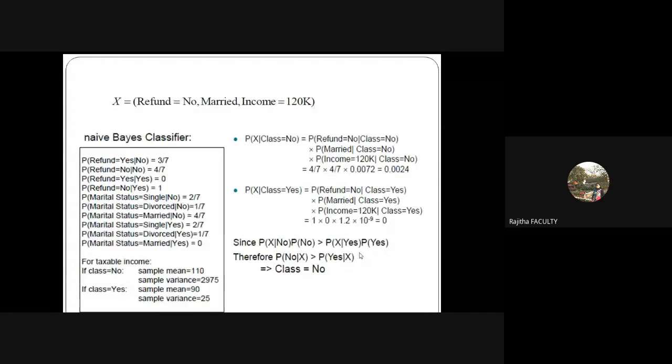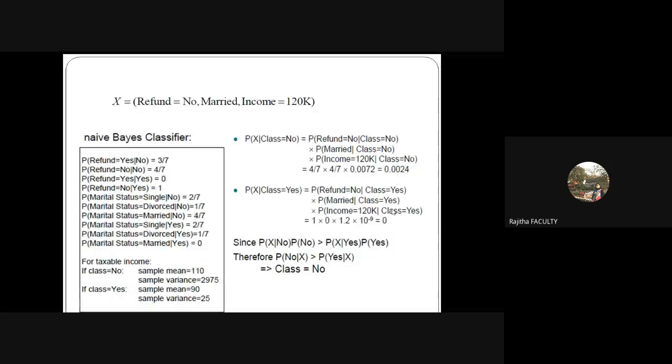So 1 into married is given as yes. For the class yes, the probability of married is 0, so we have taken 0. Something multiplied with 0 is always 0. So the probability of this test sample belonging to the class yes is 0.